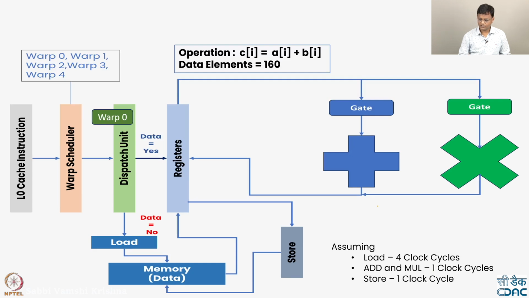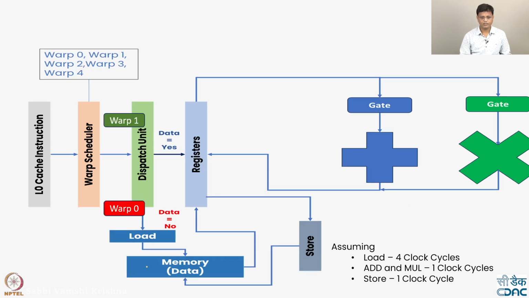Suppose this first clock cycle I will write as clock cycle 0, warp 0 comes to the dispatch unit and the dispatch unit checks whether data is available or not. If data is not available inside the register, then it is going to perform the load operation.